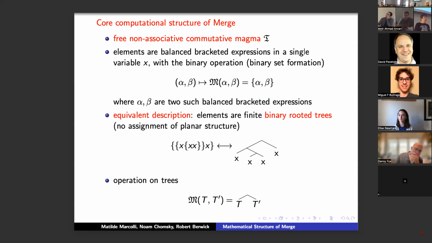Okay. So let me start by revisiting for a moment this computational structure of merge. As I said, we start with this free non-associative commutative magma that generates the binary rooted trees. For the moment, let me forget about the lexical items at the leaves, because I'm just looking at the computational process that puts them together.